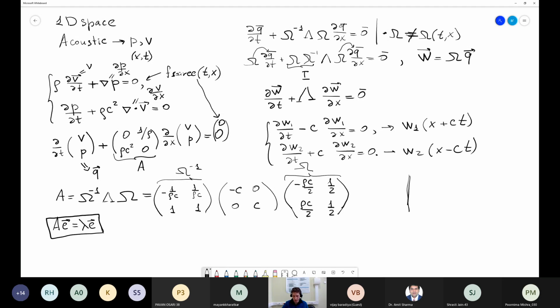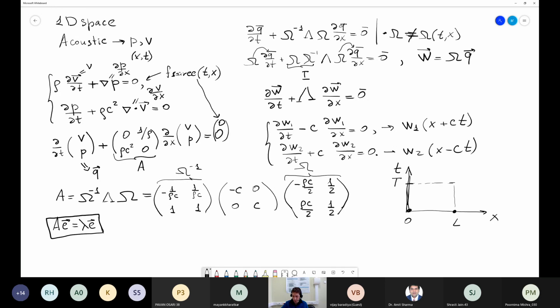Let's look at our integration domain. We have here coordinate x, we have here coordinate time, and we are trying to solve our problem in the domain from 0 till L capital, from 0 till T capital.